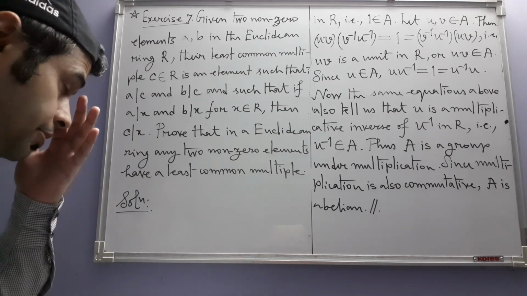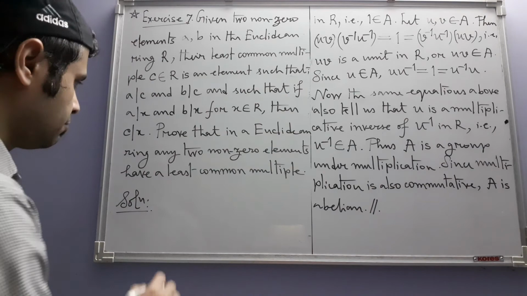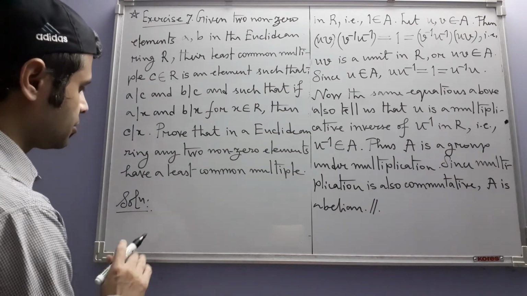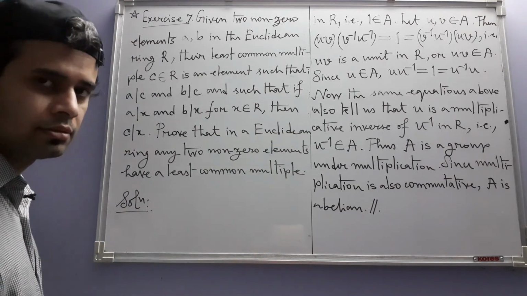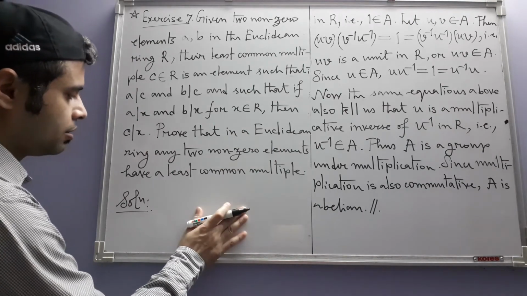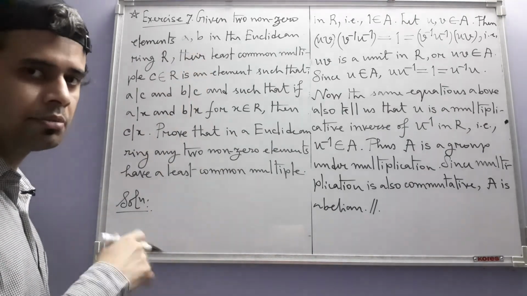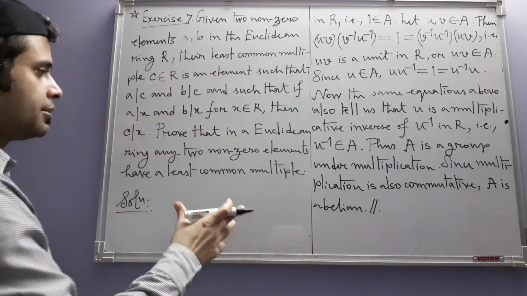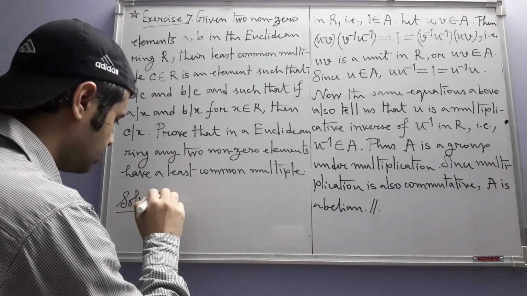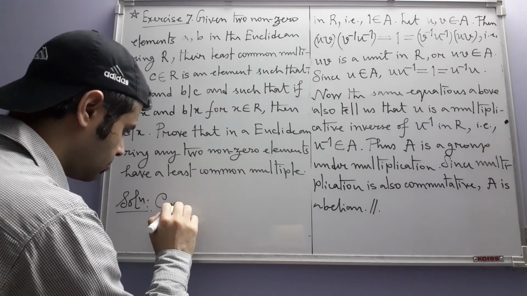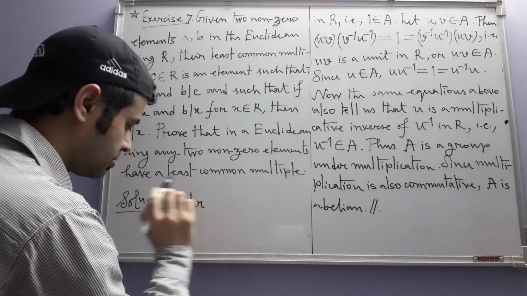So in the solution, what we do first, we consider a set of all expressions that can be formed from A and B by multiplying them by ring elements and adding such products. More specifically, we mean this.